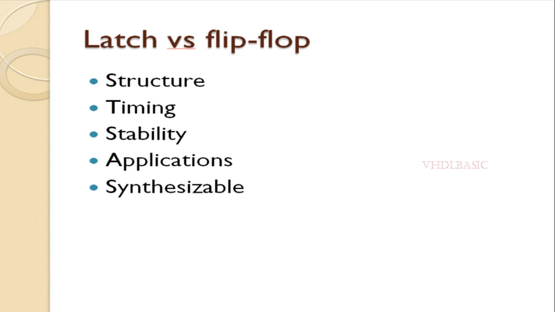They typically consist of cross-coupled NOR and NAND gates. On the other hand, flip-flops are edge triggered, which means their output changes only when the clock signal transitions from one state to another. Flip-flops are constructed using a combination of logic gates such as NAND gates or NOT gates.